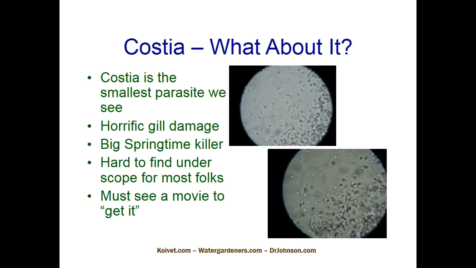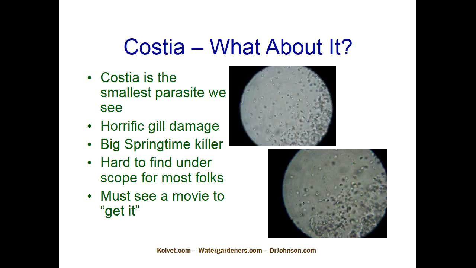Probably the most effective treatment for that would be something like Clout, and formalin malachite also works pretty well with it. One of the things that's interesting about this particular ciliated protozoan parasite is Costia can dry on stuff. So let's say you had a tank full of Costia, and say you had driftwood.